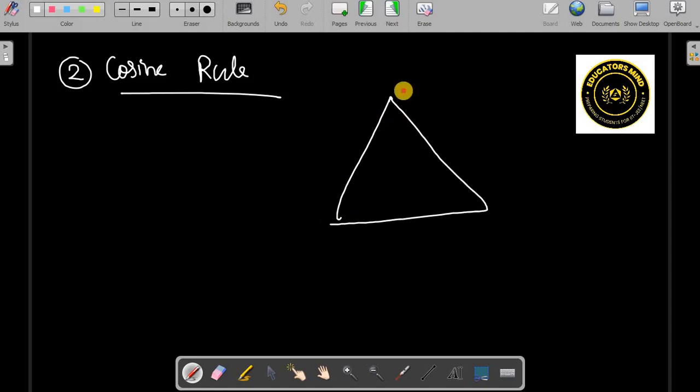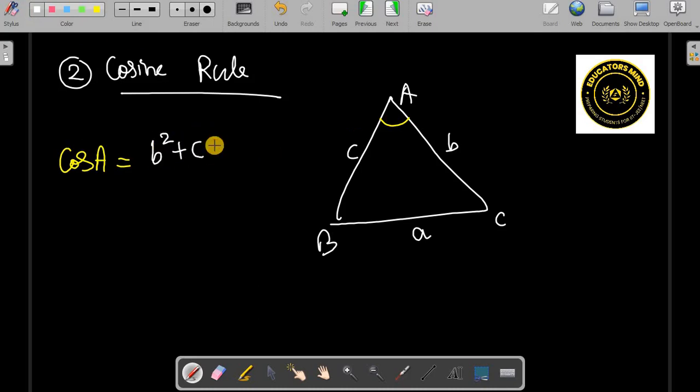In the same way, you take a triangle ABC. Opposite, this is A, this is B, this is C. So if you want to find the cos of angle A, you can write cos of angle A as B square plus C square minus A square by 2BC.